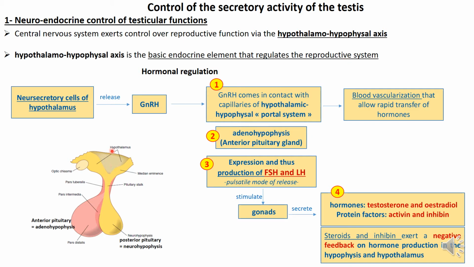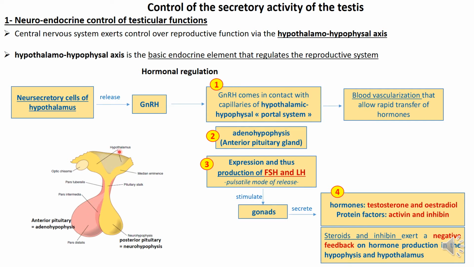We know that the hypothalamus contains neurosecretory cells. Those neurosecretory cells will produce GnRH, the gonadotropin releasing hormone. This GnRH will pass into the portal system present between the hypothalamus and the adenohypophysis.